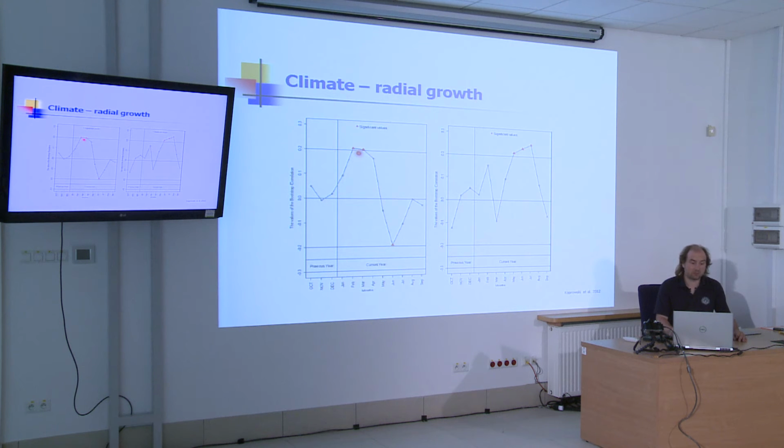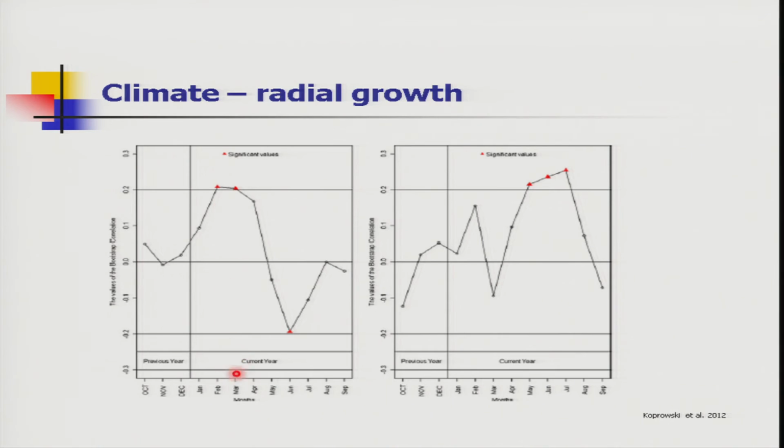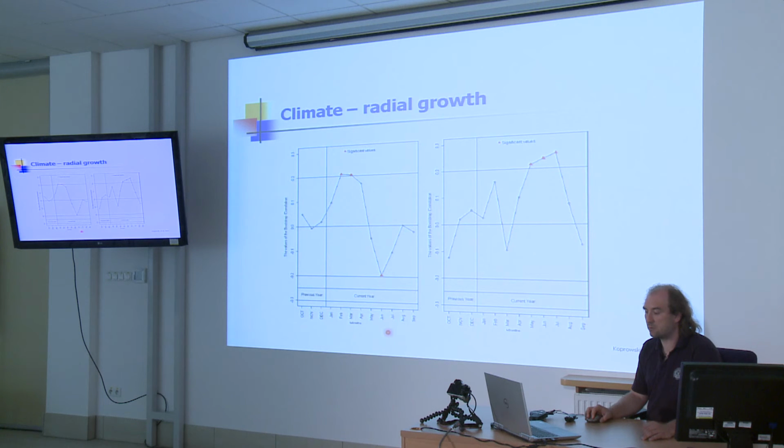So the temperature in February and March have the positive influence on this ring formation, and here we've got negative influence of temperature in June.